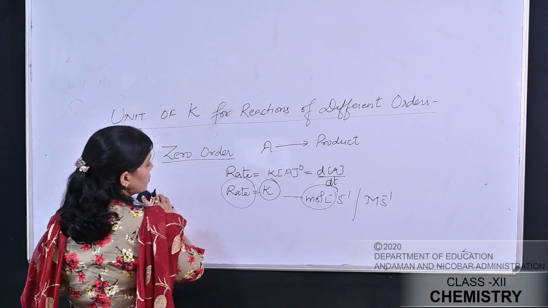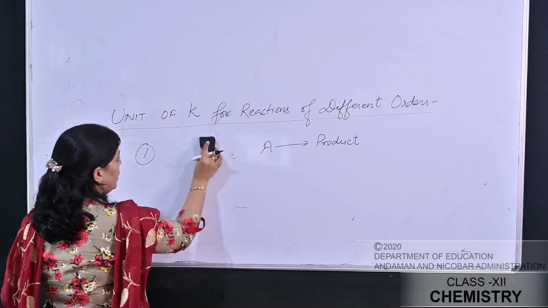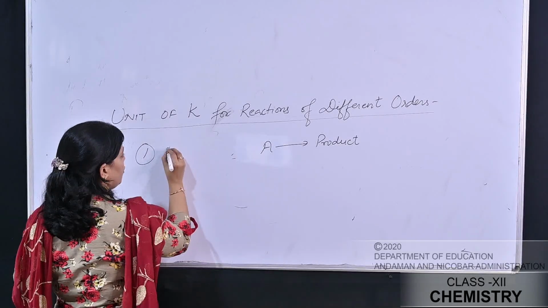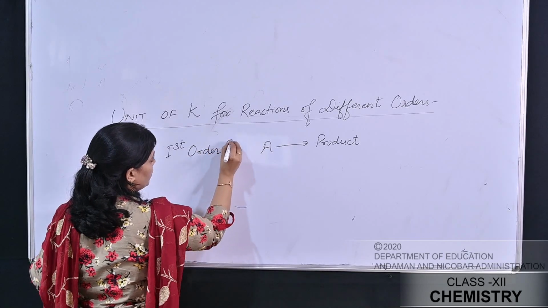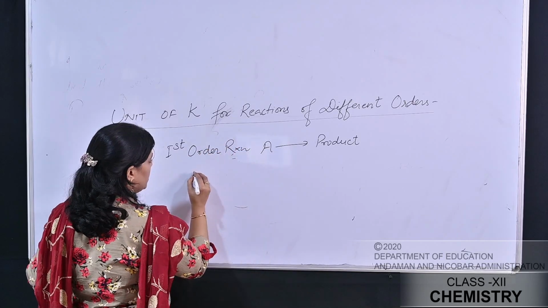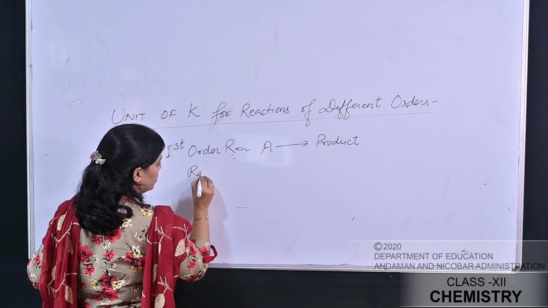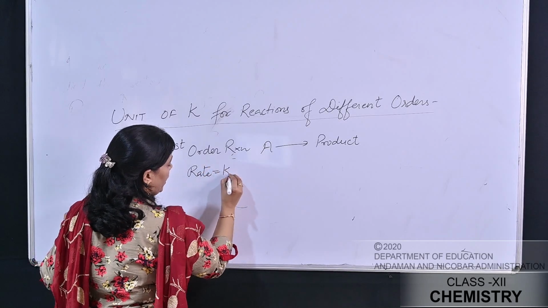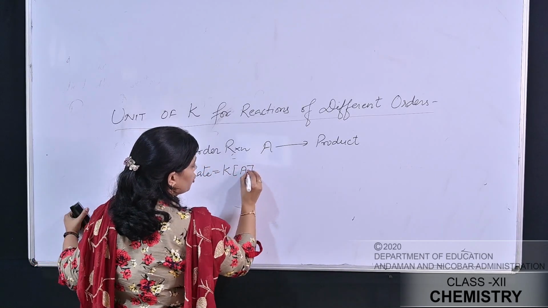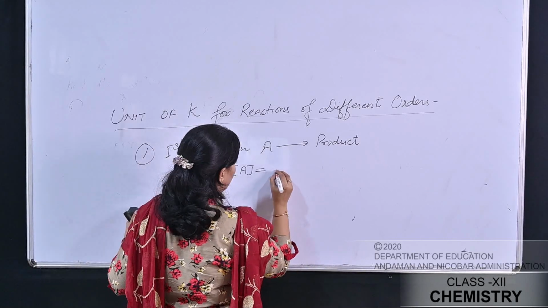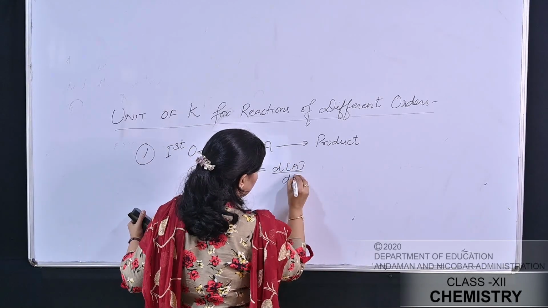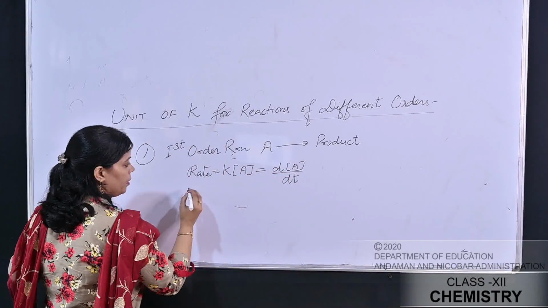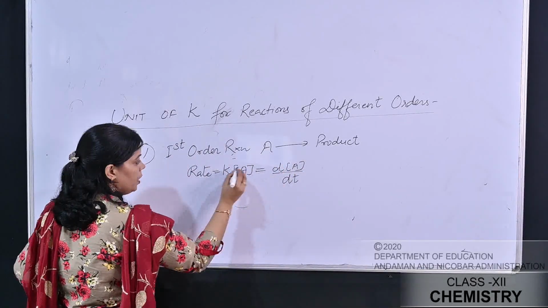After that, next is how we calculate the unit of rate constant for a first order reaction. First order reaction: rate is equal to K, A raised to power 1, equal to dA by dt. Here this is the differential equation.